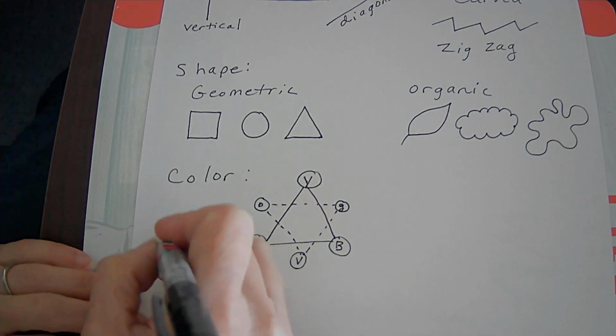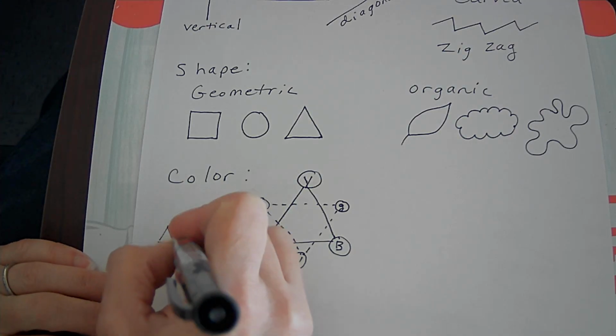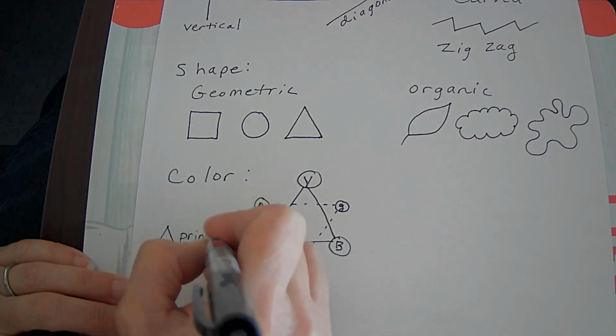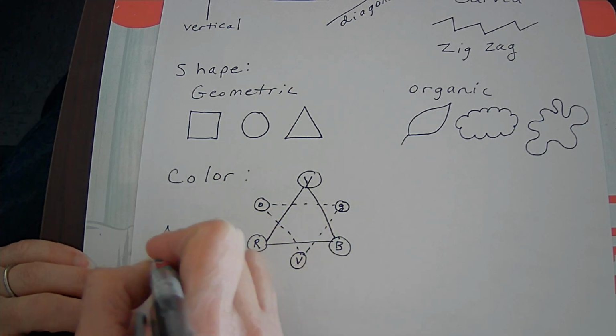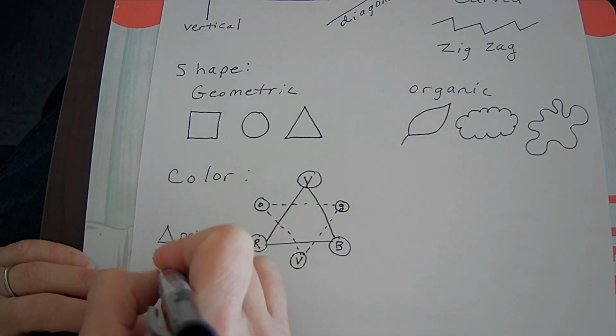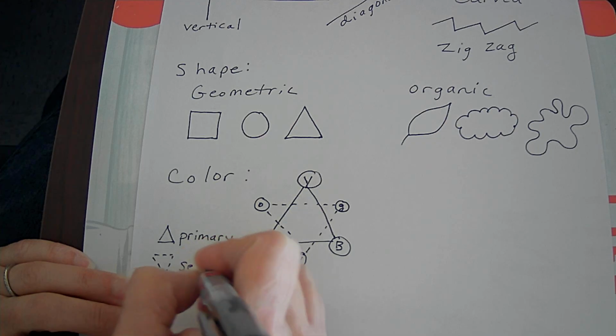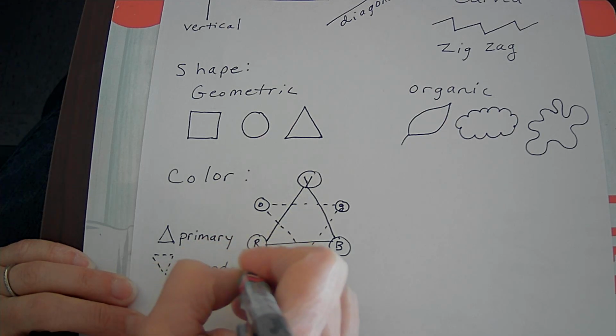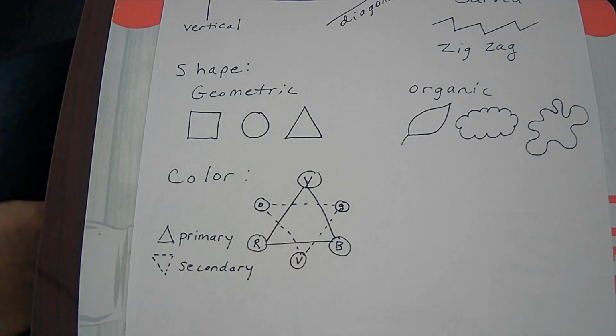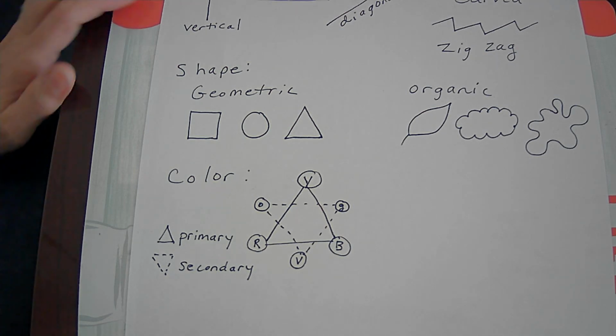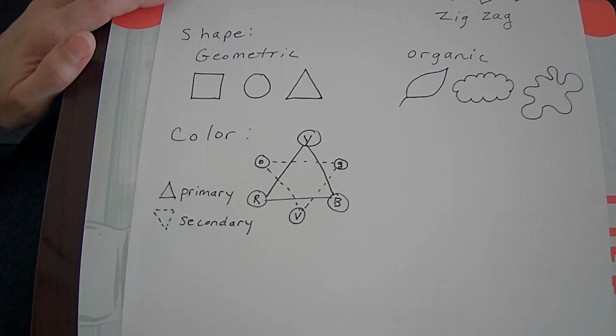So my solid line that makes a triangle, those are my primary colors. My upside down triangle in the dotted line is going to be my secondary colors. When we get into this unit, we'll also work with intermediate colors.